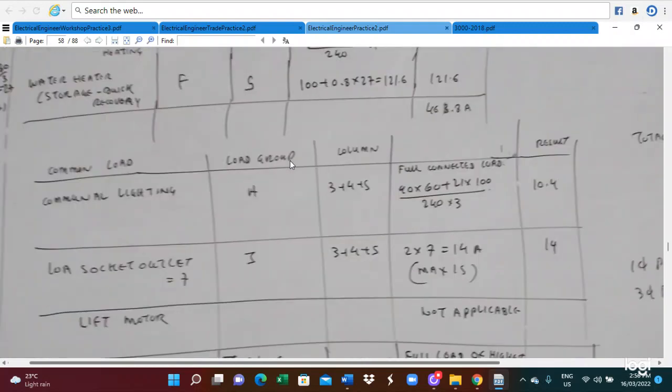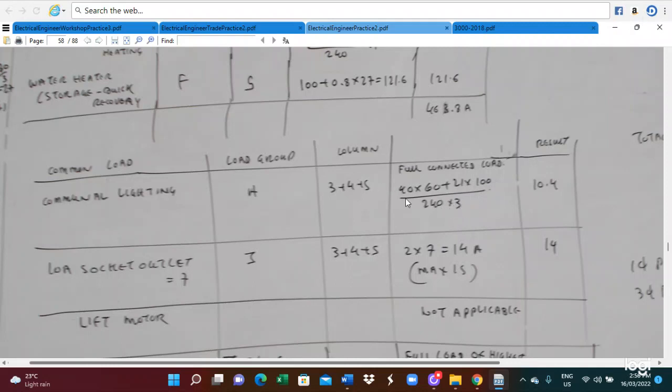So you add all together, and divide by 240, and divide by 3 because this belongs to the 3 phase. So every phase we have to divide by 3.